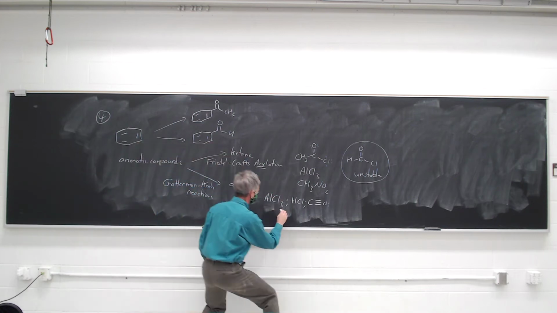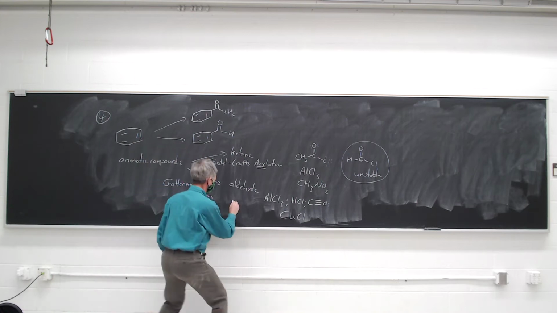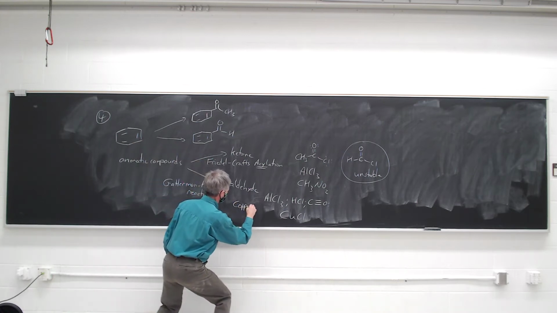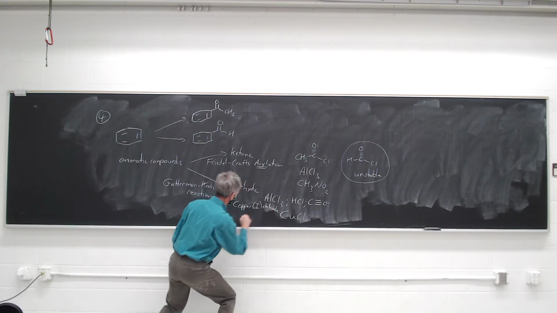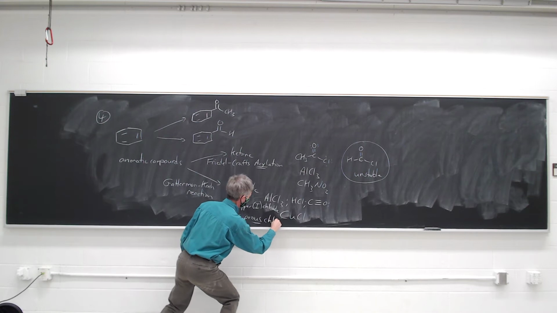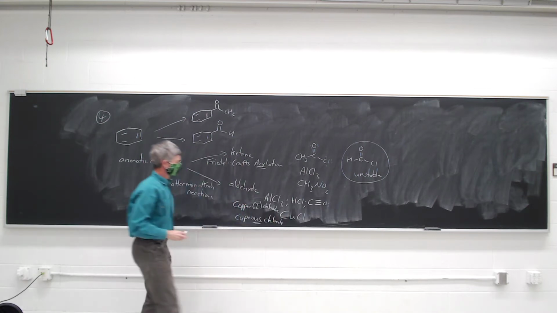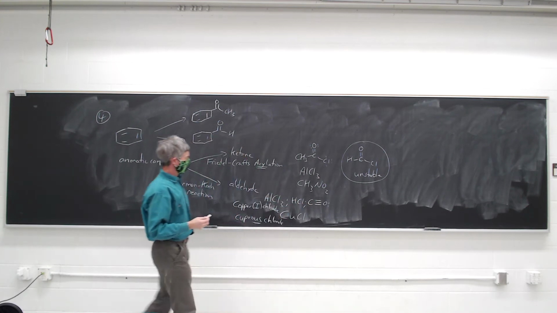And then there's another catalyst in there, copper 1 chloride or cuprous chloride. We're making the formyl chloride in situ from those two gases.